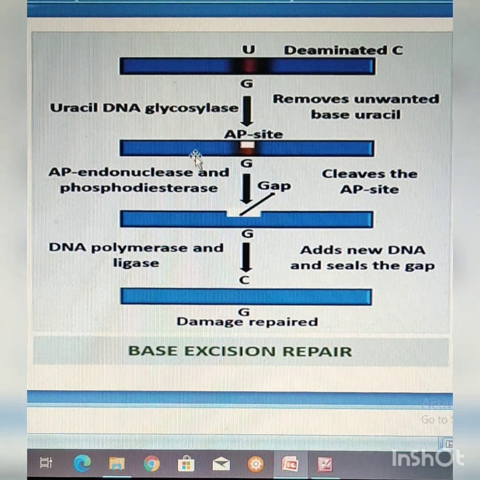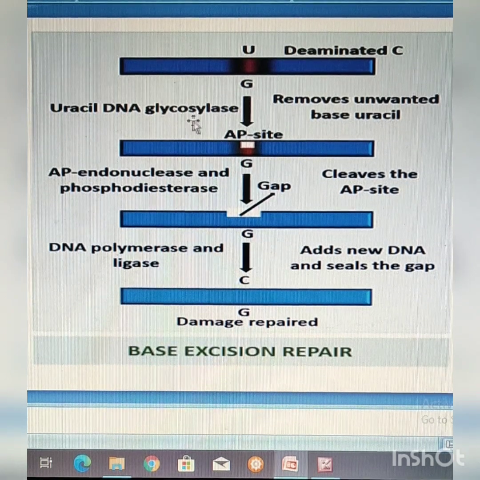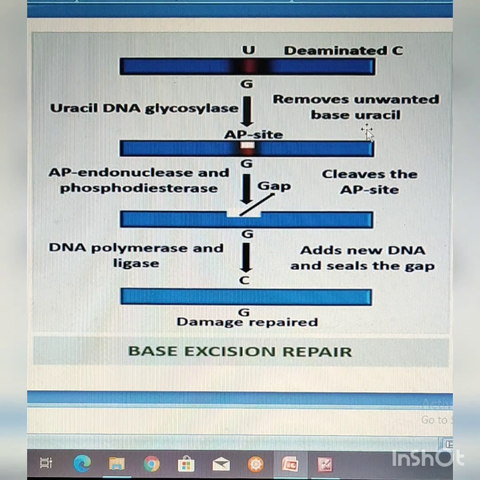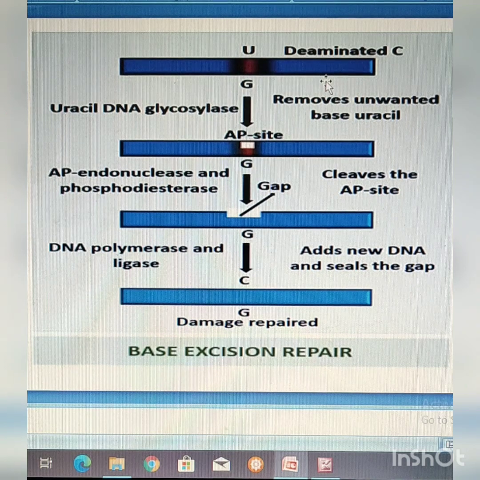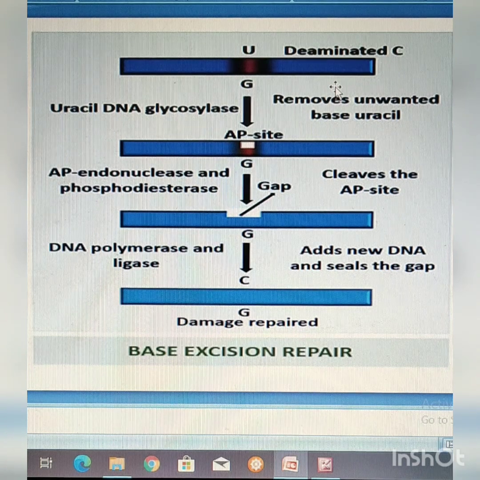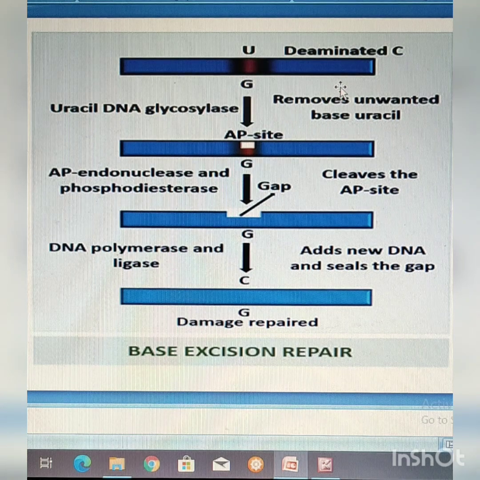These are glycosylase enzymes which can cut the base sugar bond and remove the unwanted base. Here the base is uracil. Uracil is not supposed to be in DNA, but it can occur if the RNA primers are not removed in DNA replication or if cytosine is deaminated.